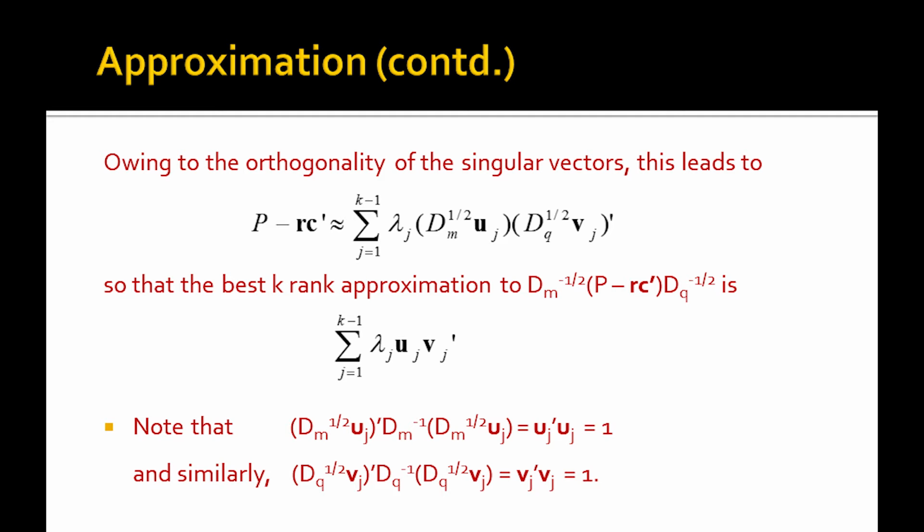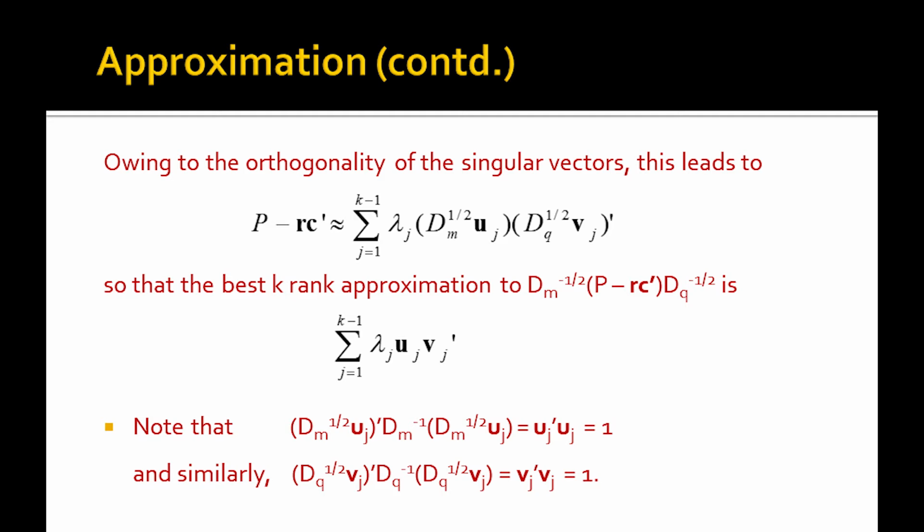The error remaining is the terms that we have omitted, and that would be the same sum, now from j equal to k to q minus 1, lambda j uj vj prime. That's what we have left out, and that would be the difference between P and P star. That would be the error committed. That's where the approximation is.